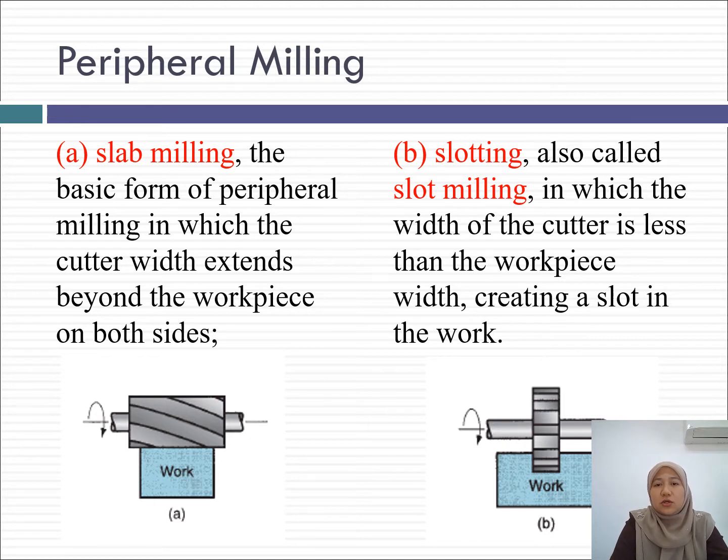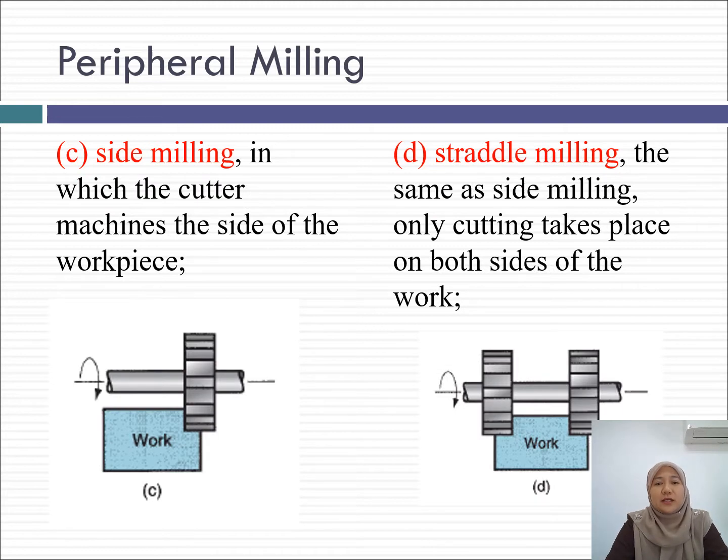Slotting, also called slot milling, is where the width of the cutter is less than the workpiece width, creating a slot in the workpiece. Upon cutting, it will create a certain length of slot because the cutting tool is smaller than the width of the workpiece. In side milling, the cutter machines at the side of the workpiece.